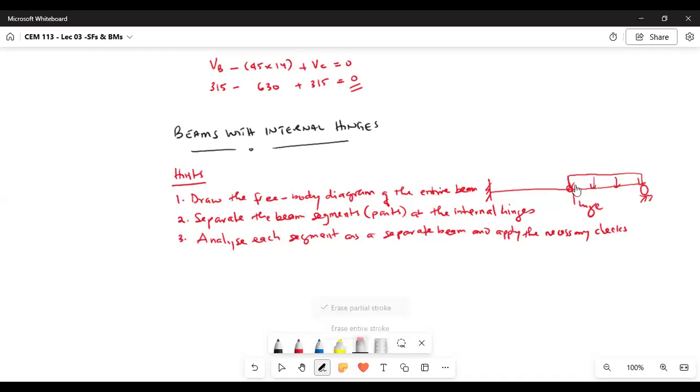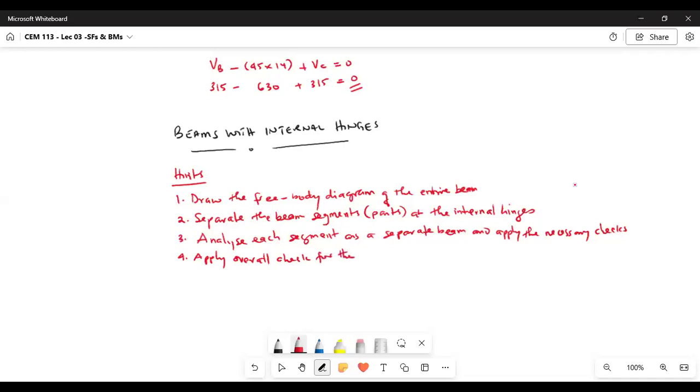Okay, now let me remove this thing from here before it gets somebody entirely confused. Then number four, apply overall check for the entire beam.